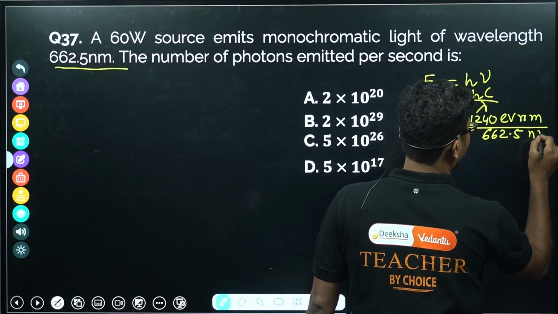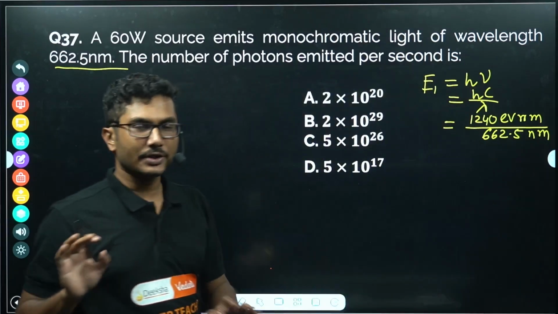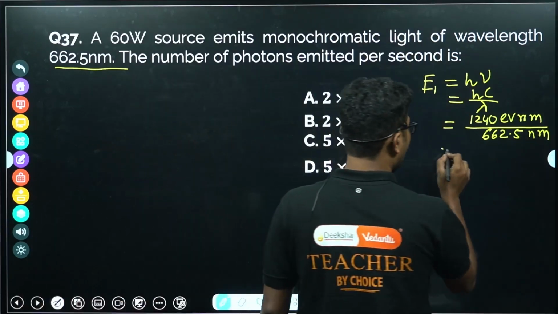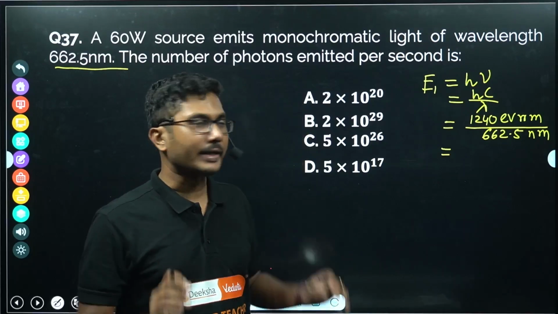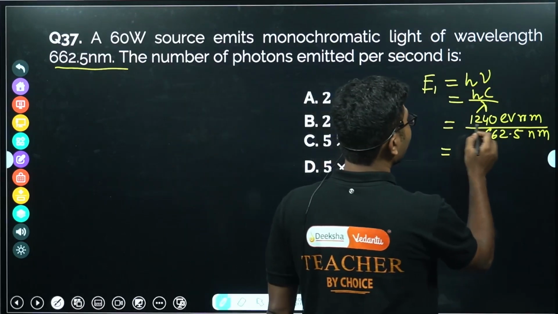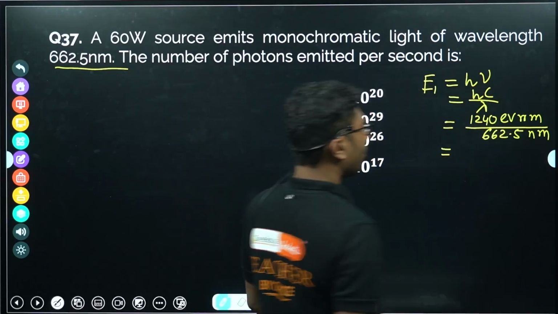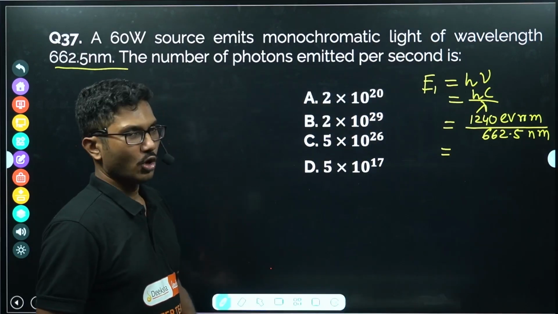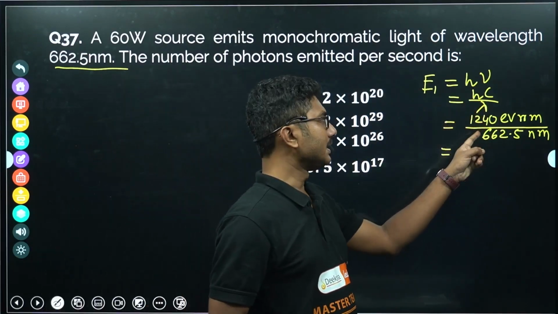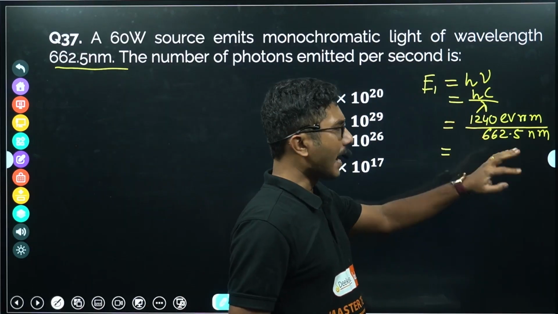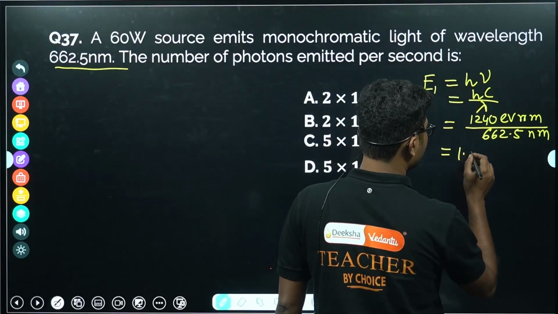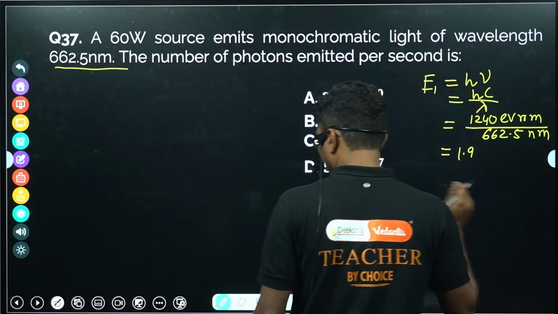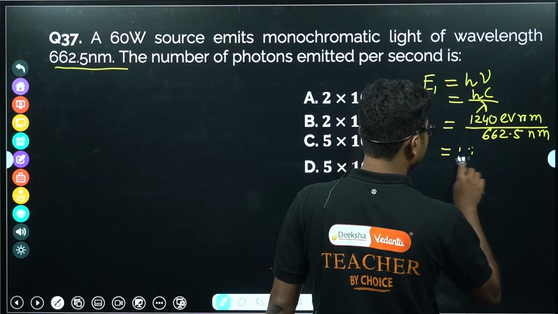Now we will do some approximation in this problem to get the answer, but I can guarantee that the approximation will not hamper our final result. So 1240 on top and 662 at the bottom, so almost double. 600's double is 1200, and even though it is not exactly double, we can say it is almost double, say 1.9 approximately.